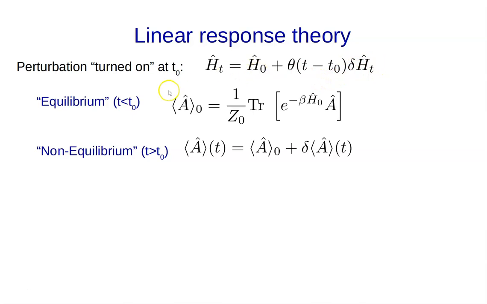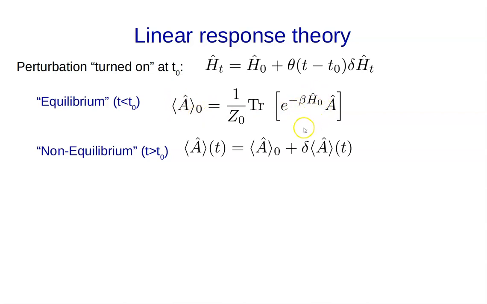Okay, so before T0, we refer to the situation as the equilibrium situation. So we might know even the spectrum for H0, so we can calculate the expected value for a given operator A, right? We know the partition function, we know the spectrum, and we know also the density operator here, and we can take this trace and calculate the expected value at equilibrium.